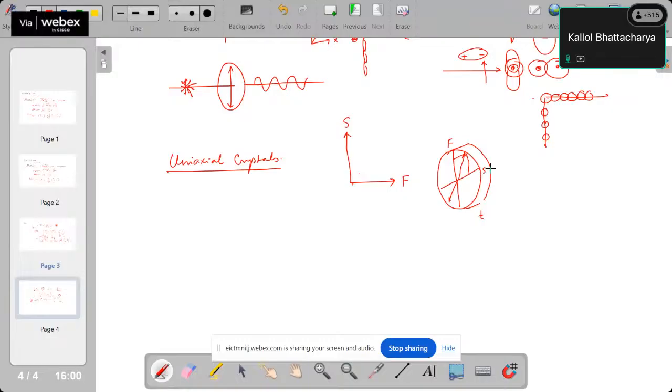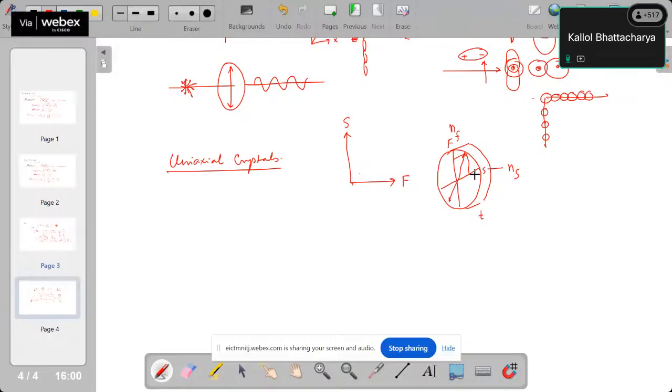If the refractive index along the slow direction is ns and along the fast direction is nf, we know that ns is not equal to nf because this is not an isotropic medium. The velocity of light is different in different directions, and these are the two principal directions along which the velocity of light varies maximally. It is fastest along the y-axis, let's say, and slowest along the x-axis.